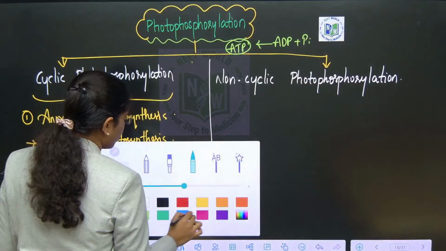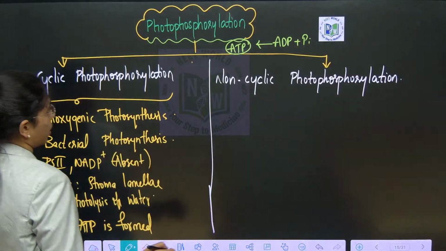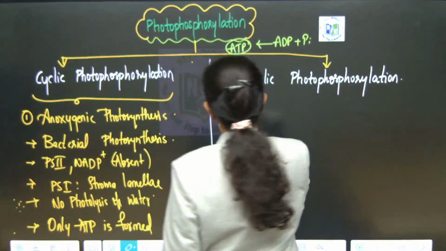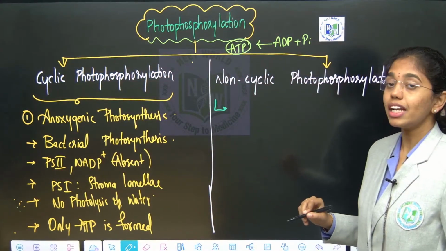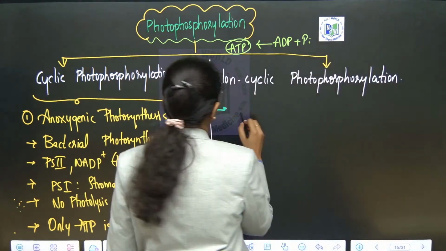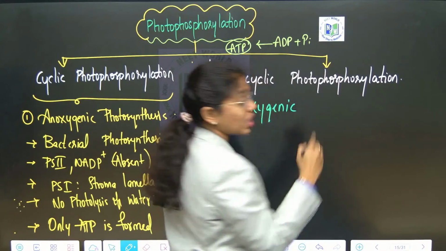Now we will look at non-cyclic photophosphorylation, which is very important. Non-cyclic photophosphorylation occurs in oxygenic photosynthesis and in higher plants, where oxygen is liberated.